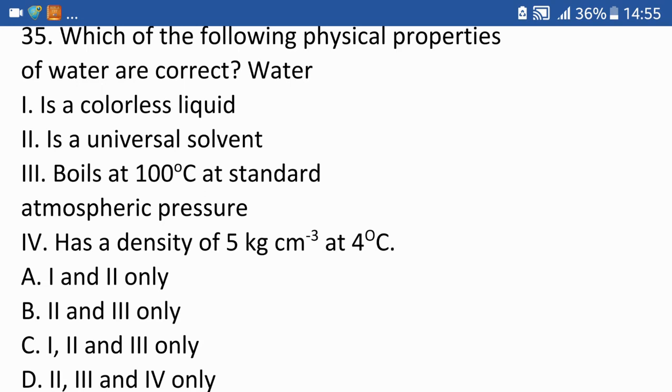It boils at 100 degrees Celsius at standard atmospheric pressure. Then the fourth one, it has a density of 5 kg per centimeter cube at 4 degrees Celsius. So you choose the correct answer.